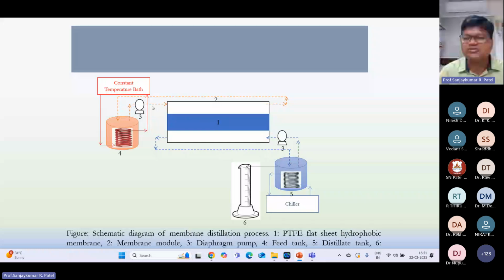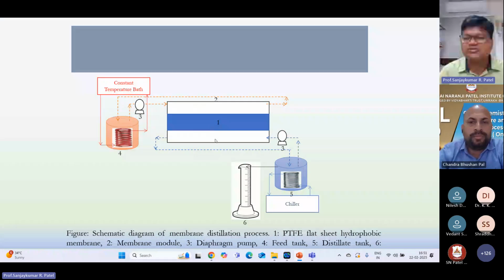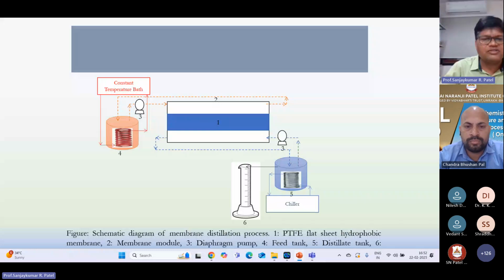The solution is kept at the hotter side, where it is evaporated, and the vapor passes through the membrane. Since the membrane is hydrophobic, the vapor permeates through it and goes along with the cooling water. The water vapor is continuously removed, so the concentration of solute on the hotter side increases. This is what we required: to make the concentration higher than the saturated concentration.